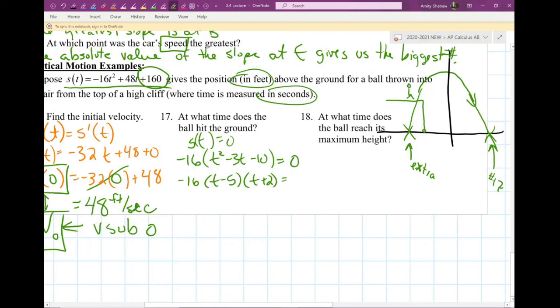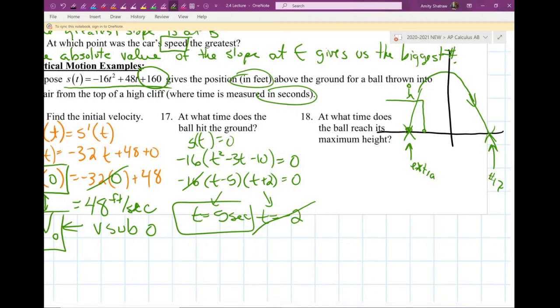But if I divide by it, it would disappear, because 0 divided by negative 16 is 0, so I can just get rid of that constant. That's so handy. And I find that t equals 5 is a moment where it is hitting the ground. At t equals negative 2 is another moment where it's hitting the ground, but remember, that was my extra answer, so I'm just going to say that at 5 seconds, because when time was negative, I didn't care about it.